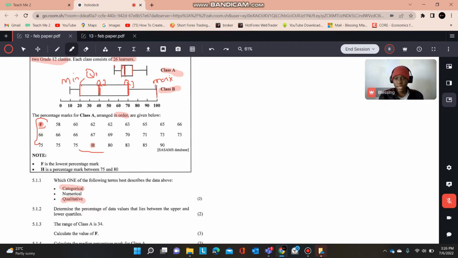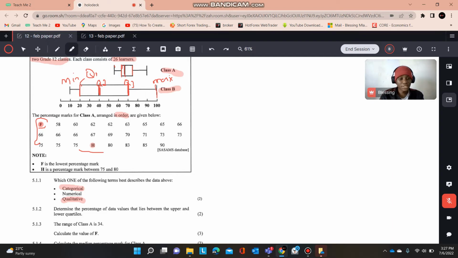So we can say red cars are 5, blue cars are this much, green cars are this much. That's categorical because the data is put into categories, which in this case are the colors: red, blue, and green. Same thing as qualitative.